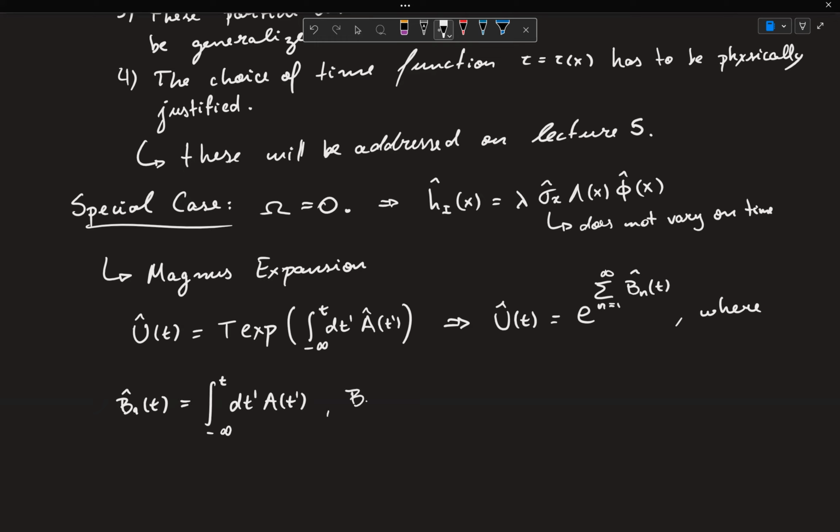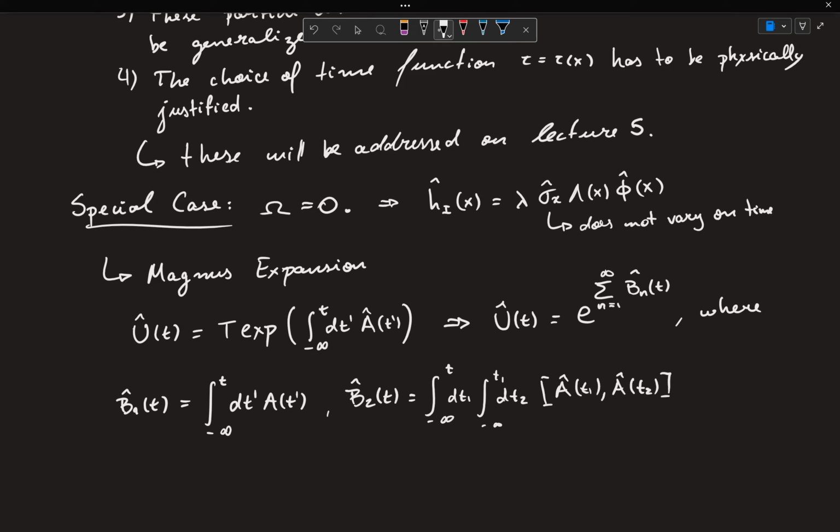B2 of t will be an integral from minus infinity to t dt1, from minus infinity to t1 dt2, of the commutator of A of t1 and A of t2.